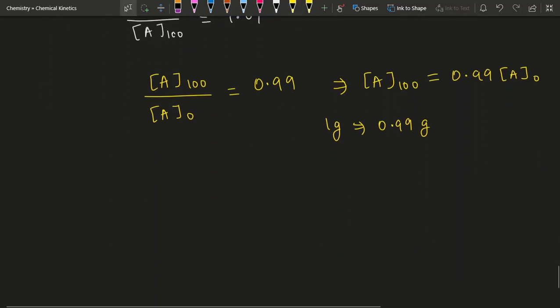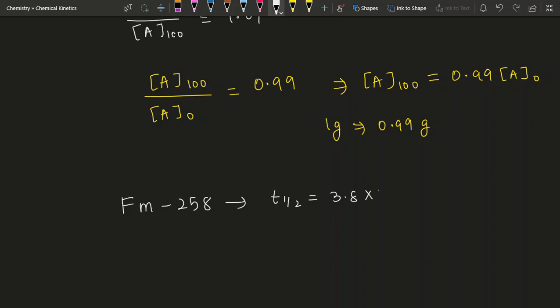However, if you have something like fermium, denoted by Fm, fermium 258 has a half-life of 3.8 times 10 to the power negative 4 seconds. Its half-life is incredibly small, a fraction of a second. So that means that it will disintegrate really quickly. It will give off huge amounts of radiation, and it's not stable at all.